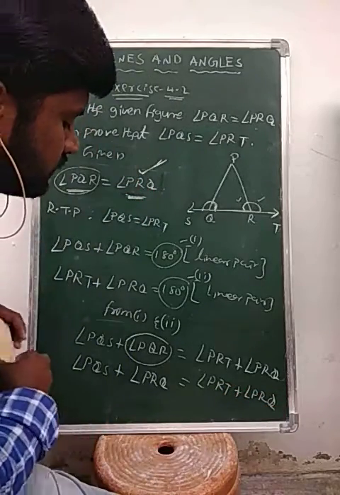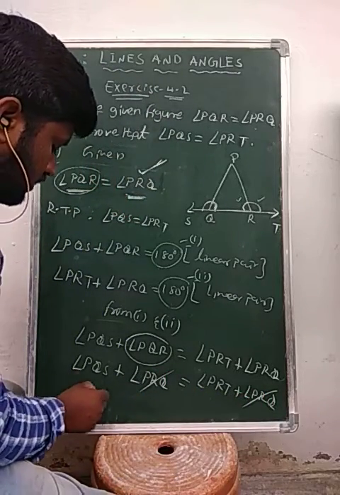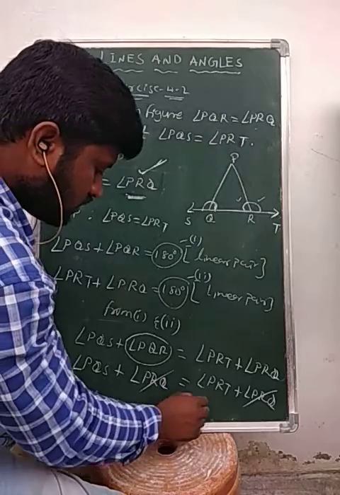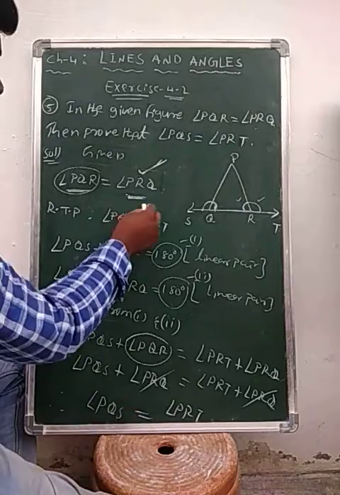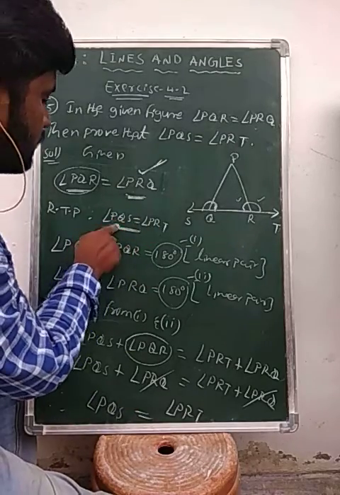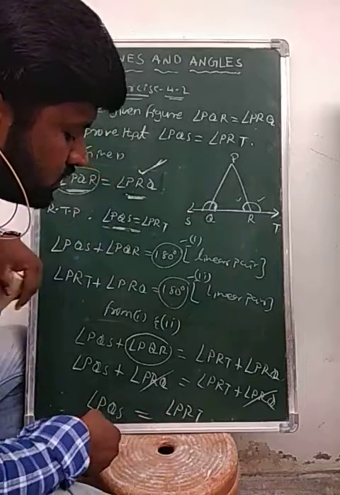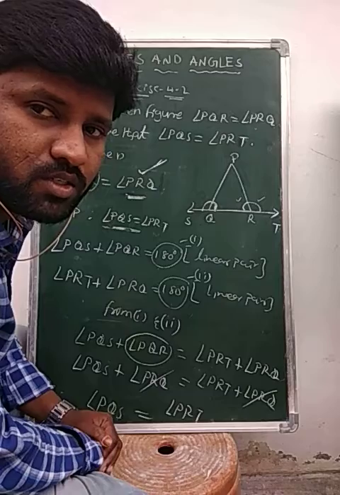So clearly PRQ cancels, therefore angle PQS is equal to angle PRT. Hence proved. This is what we needed to show. Angle PQS is equal to angle PRT. Okay, so this is the required answer for this question. Okay students.